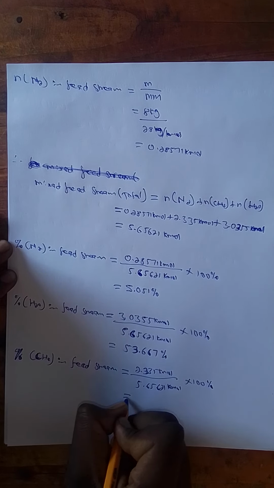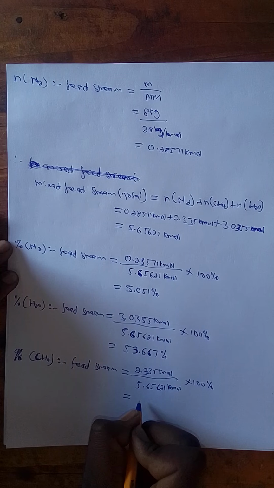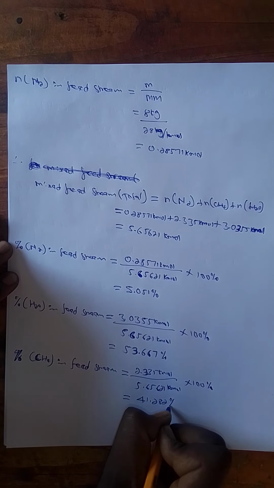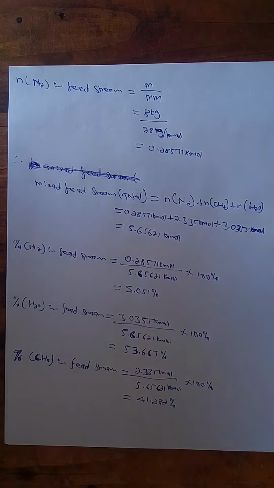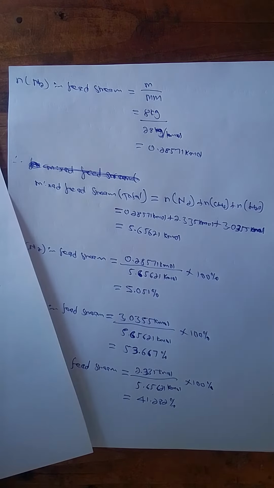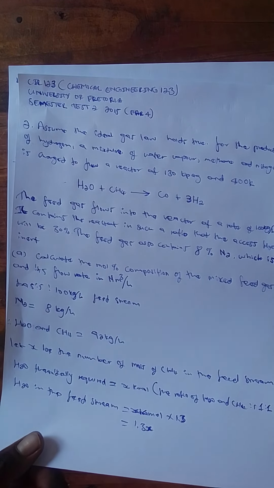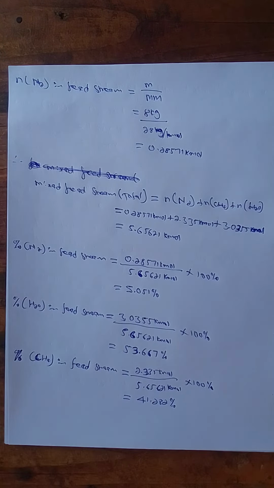So if you use your calculator, the methane becomes 41.282%. So now we have managed to answer the first part of the question, where they said calculate the mole percent composition of the mixed feed gas. Now we need to calculate its flow rate in normal meters cubed.